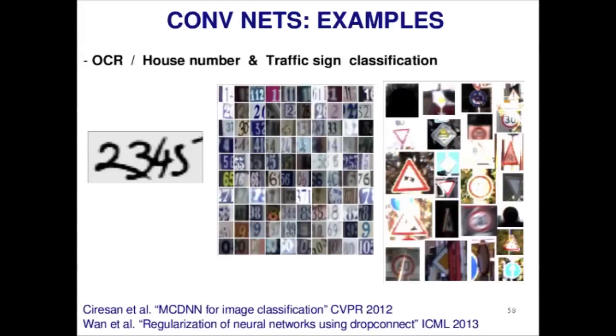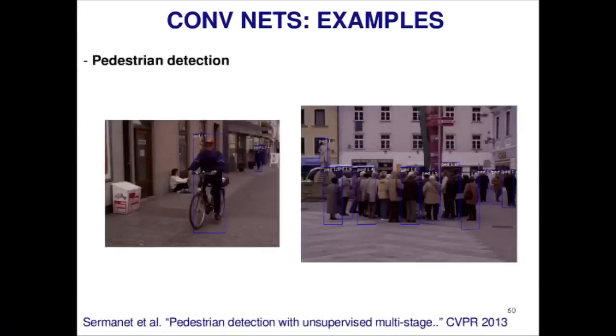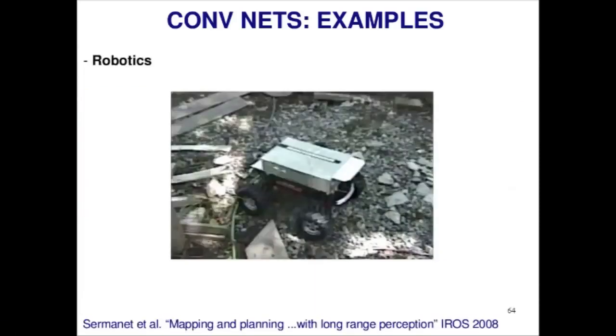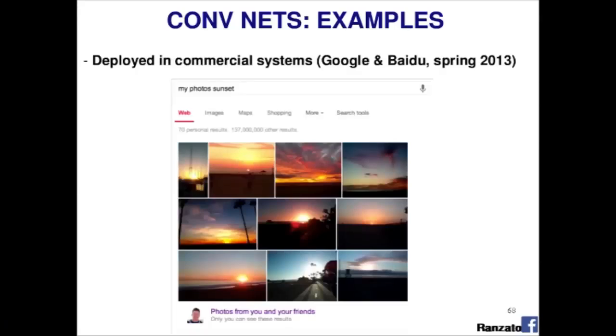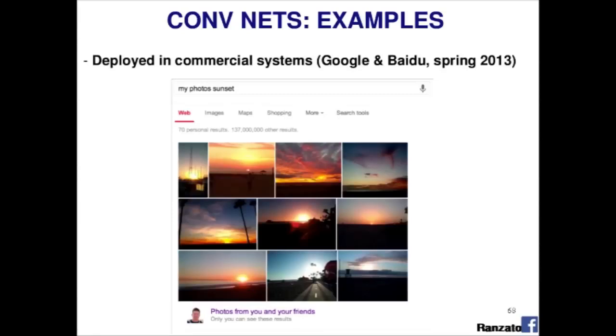Since then, there has been many applications that came out, texture classification, pedestrian detection, scene parsing, segmentation, and so on and so forth, right? And the last one being image classification with last year's ImageNet competition. And these things have been deployed by Google, Baidu, and other companies too soon.